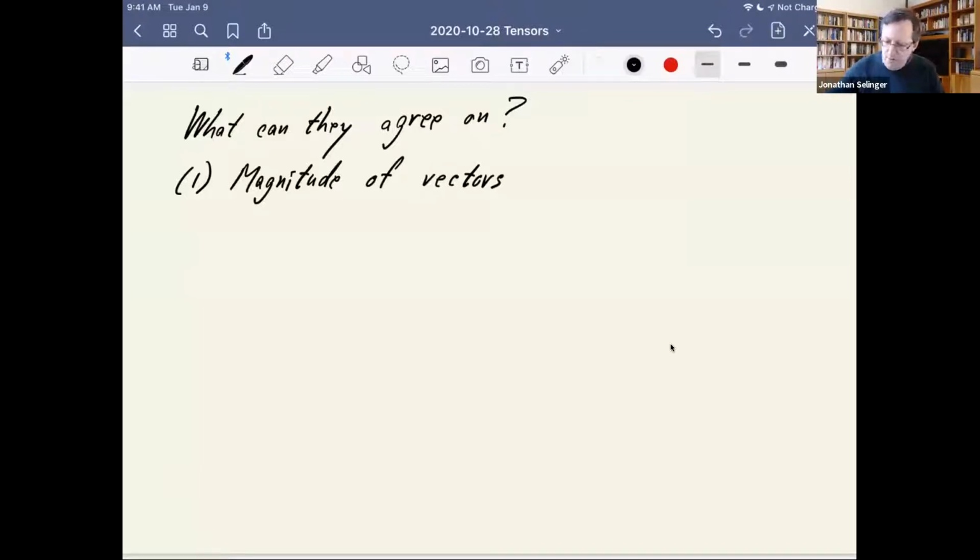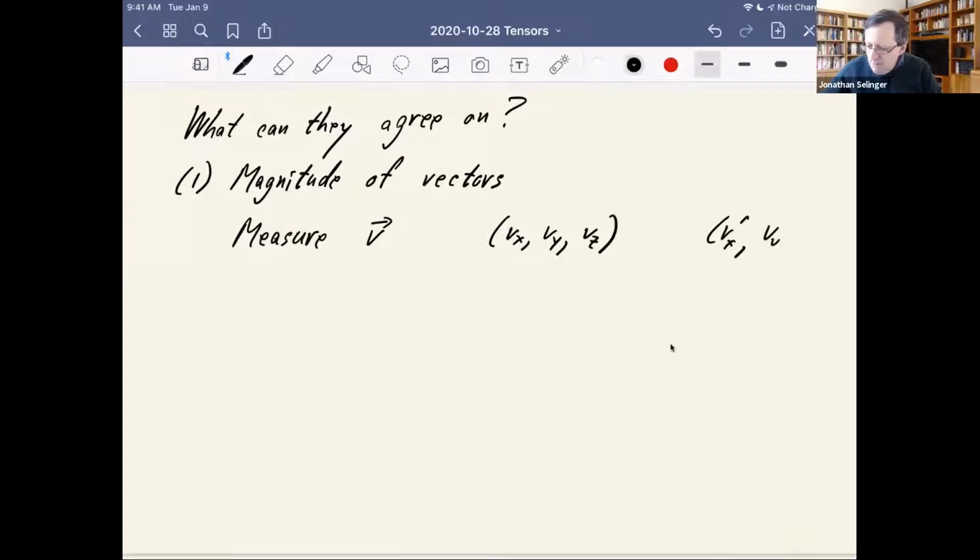Suppose they each measure velocity. One of them measures a set of numbers, Vx, Vy, Vz. The other one measures a set of numbers, Vx prime, Vy prime, Vz prime. These numbers are all different from each other.